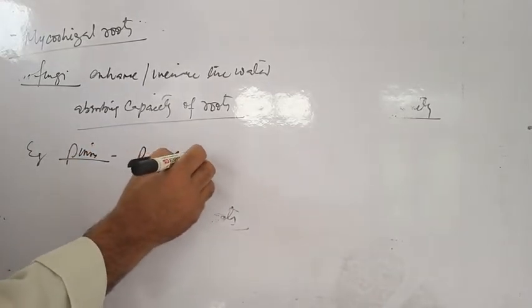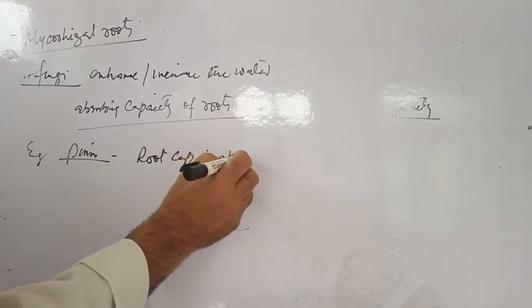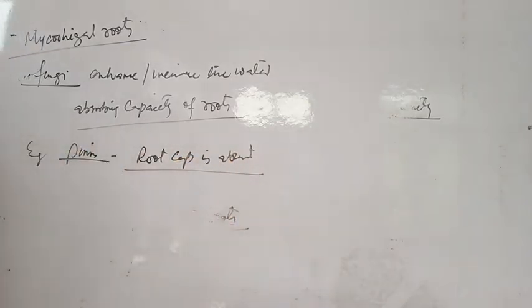So it was all about the properties of these roots and the kinds of roots where we see that the root cap is absent. Inshallah, we will continue further in the next lecture.